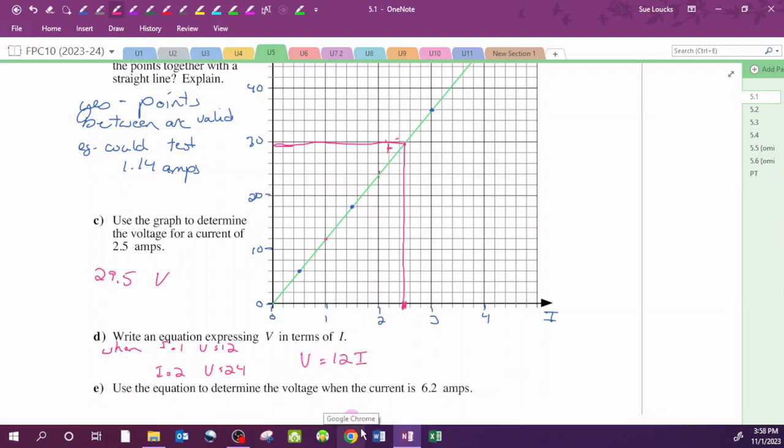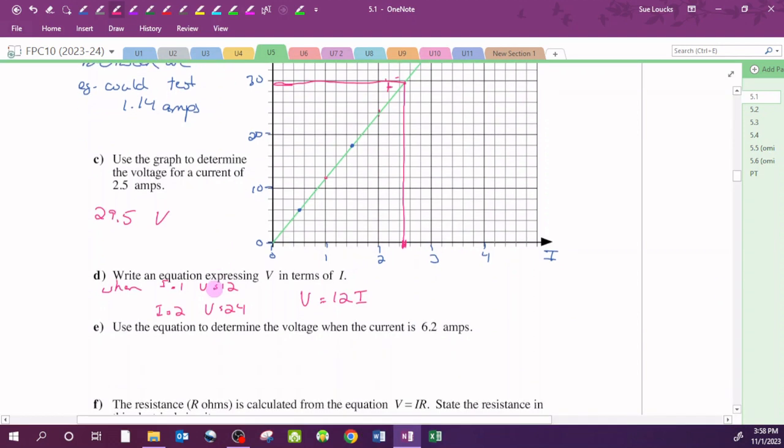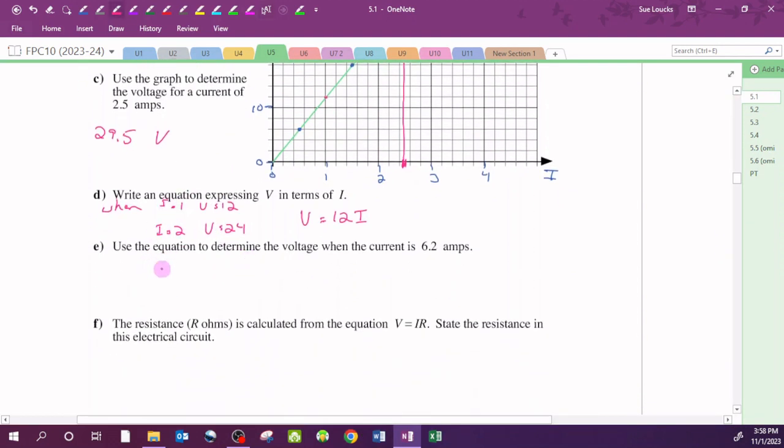There's my equation. And then use the equation to determine the voltage when current is 6.2 amps. So again, I've got my V equals, and I've got 6.2 for my current, and V is what I'm looking for.